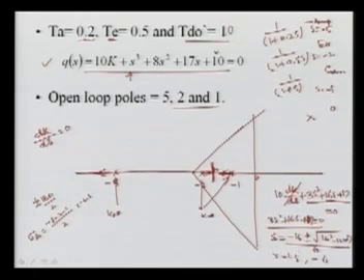This is not possible; only this value is the break even point, the one leaving point. It will be between minus 1 and minus 2, because the other value that is coming is not valid. So they will be leaving in the intermediate of these points, at minus 1.5, and they will be leaving at 90 degrees, and finally the movement will be like this. So this will be your root locus.